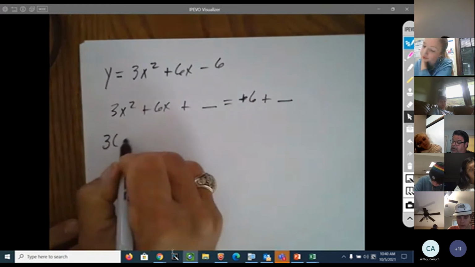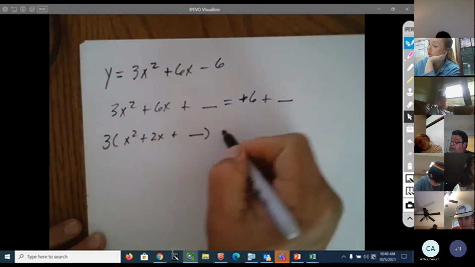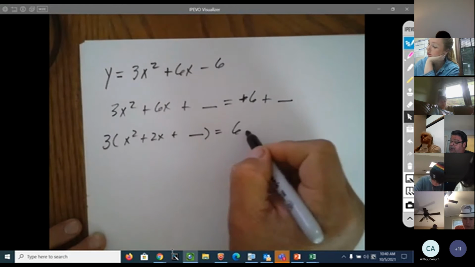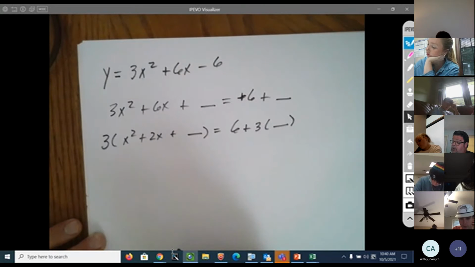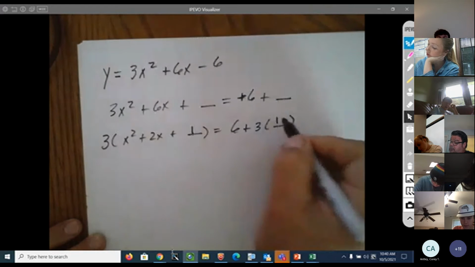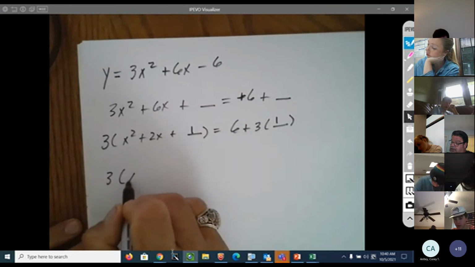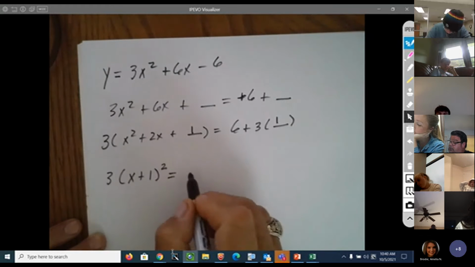Factor out a 3: x squared plus 2x plus blank is equal to 6 plus 3 times blank. Half of 2 is 1. 1 squared is 1. 3 times x plus 1, quantity squared, is equal to 9.